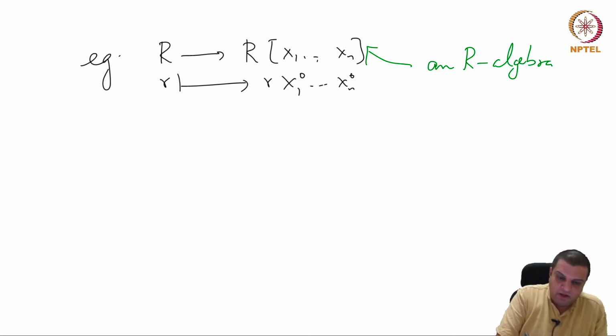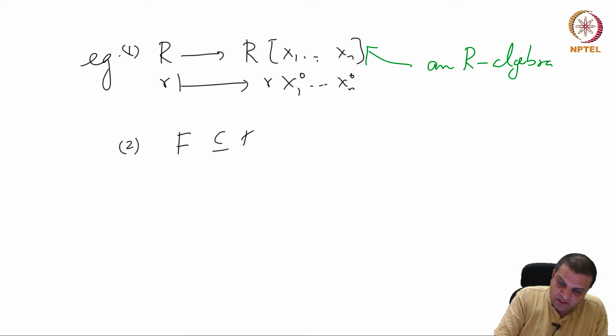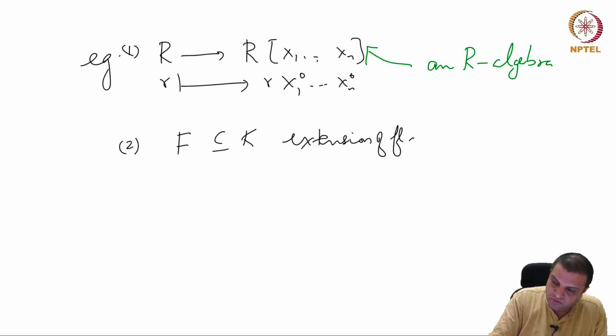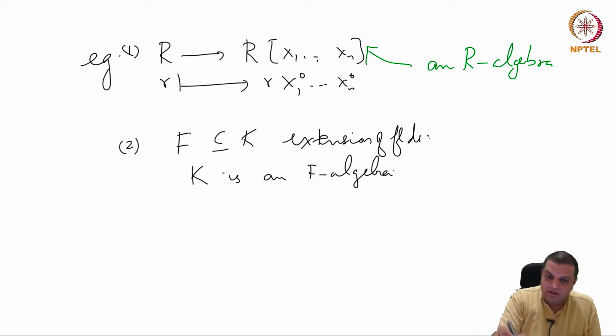Another example. Suppose we have two fields, an extension of fields F inside K. Then K is an F-algebra, and here the map is the usual inclusion map.